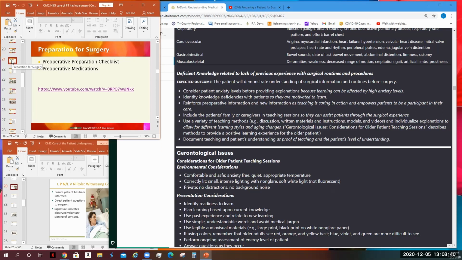Use a variety of teaching methods, for example, discussion, written materials and instructions, models and videos, and individualize explanations to allow for different learning styles and aging changes. Document teaching and patient's understanding as proof of teaching and the patient's level of understanding.